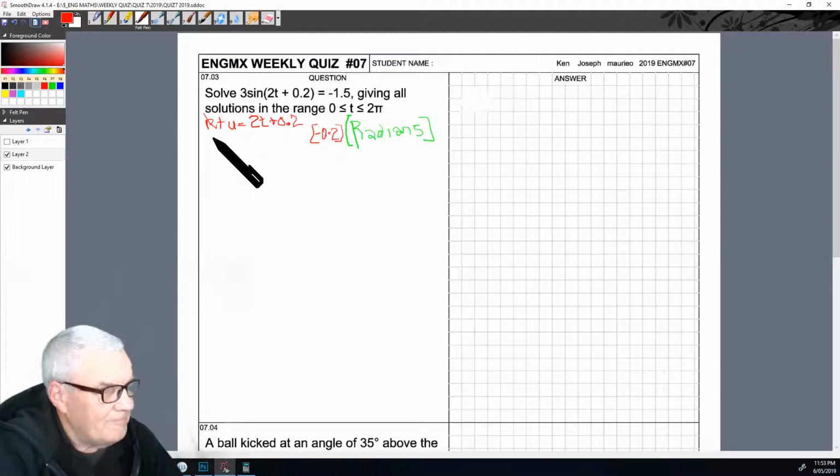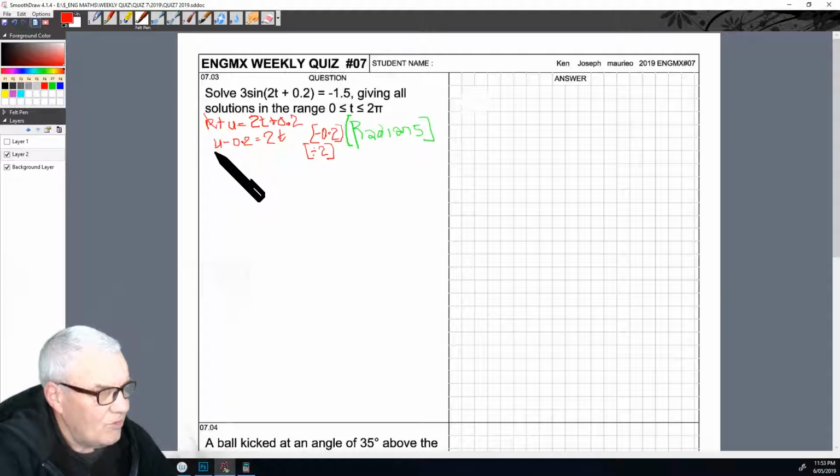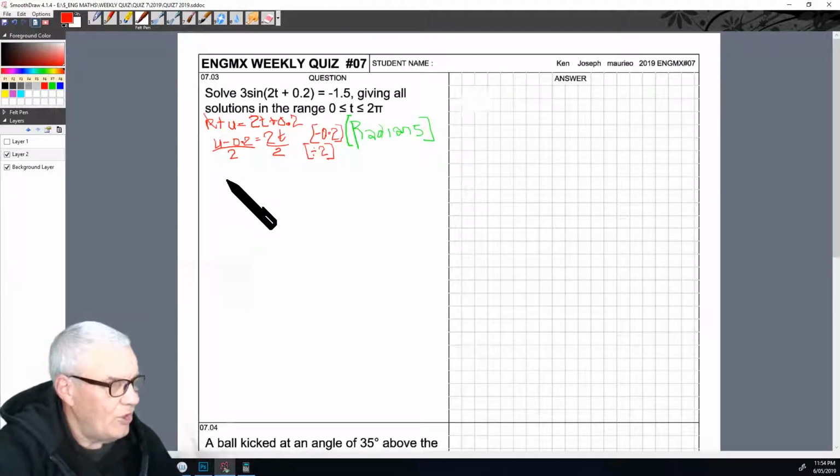So we get u minus 0.2 equals 2t, and then we're going to divide through by 2 both sides, and so that gives us u minus 0.2 over 2 equals t.